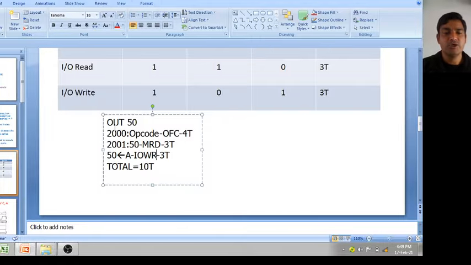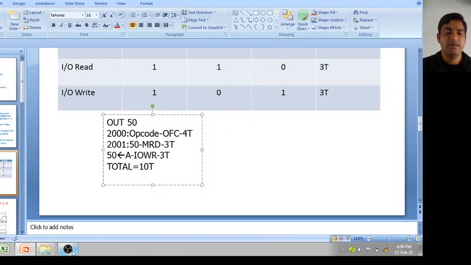So you can determine the total number of T states required to execute any instruction. In this case there are 3 machine cycles: opcode fetching, memory read, and input output write. You have to remember the total number of T states required to execute each instruction.